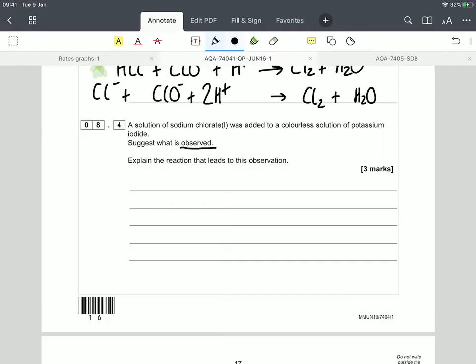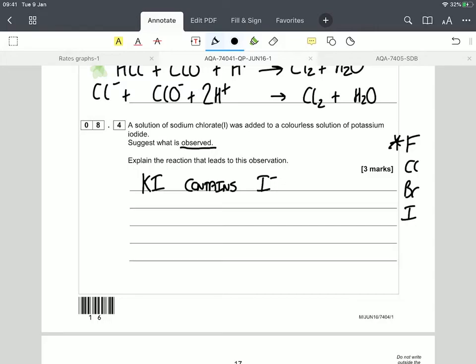So, KI, potassium iodide, contains I-, and the iodide ion is a pretty rubbish oxidizing agent. If you remember, you learn a trend about the oxidizing power or oxidizing ability of the halogens. Fluorine's the top dog, and then iodine is the worst.